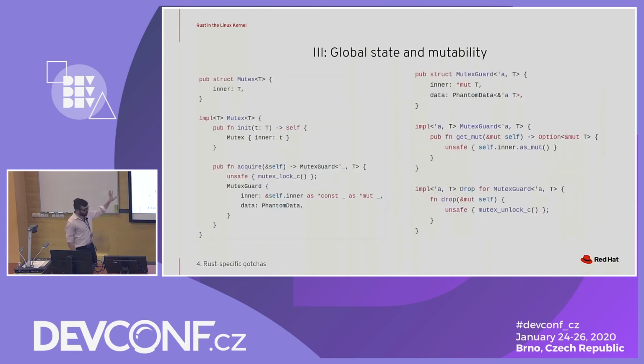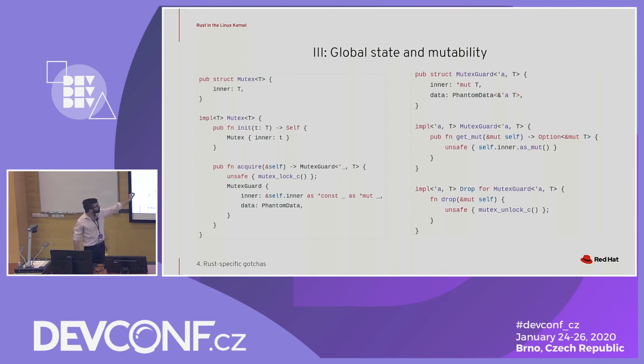So here we're going to take a look through some of this code. We essentially have our inner data type, and that's going to house the data that we're protecting. We can immutably acquire a mutex lock. When we do that, we're calling into C, which is going to call the kernel API, and then we get this mutex guard returned.